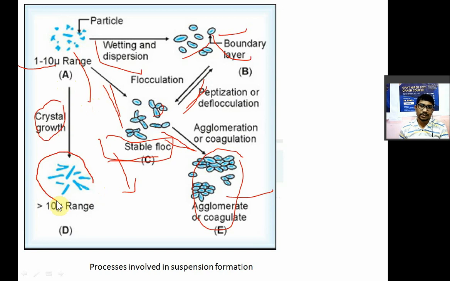There is increase in the size of this particle known as crystal growth, and it is known as Ostwald ripening. Increase in the size of particle in the suspension due to storage, due to change in the temperature, pH, etc., known as Ostwald ripening.